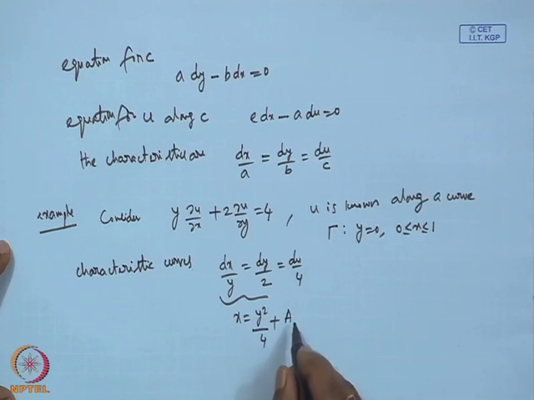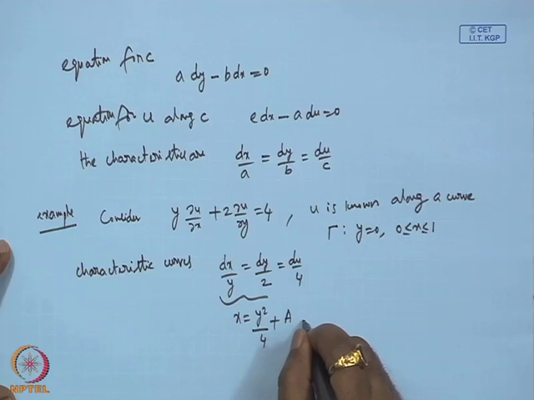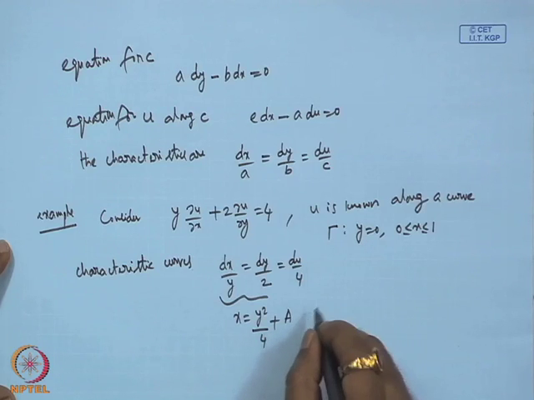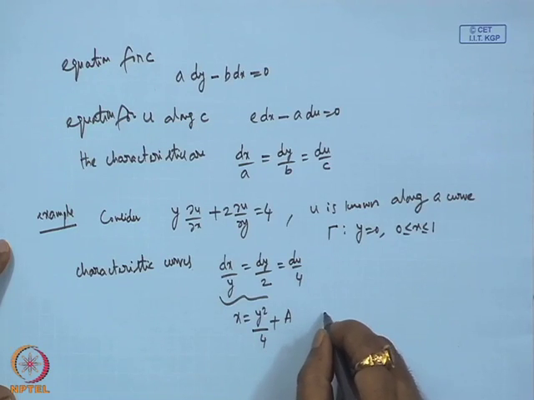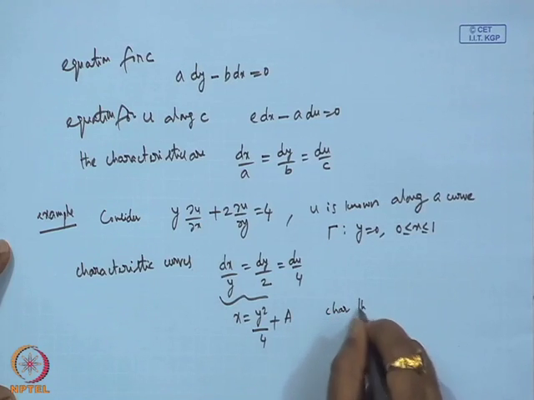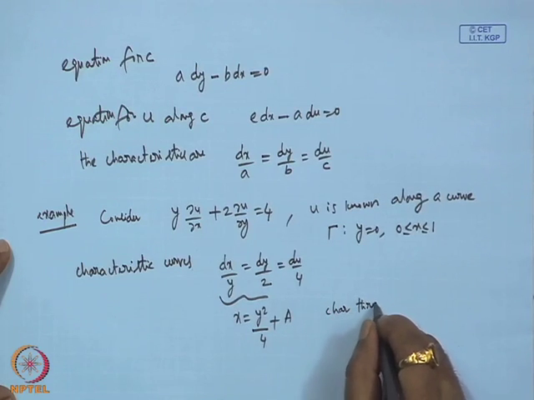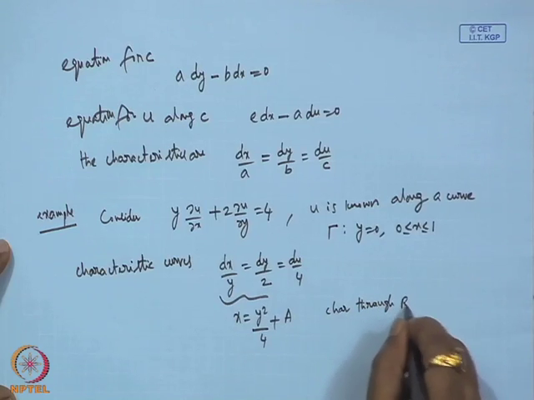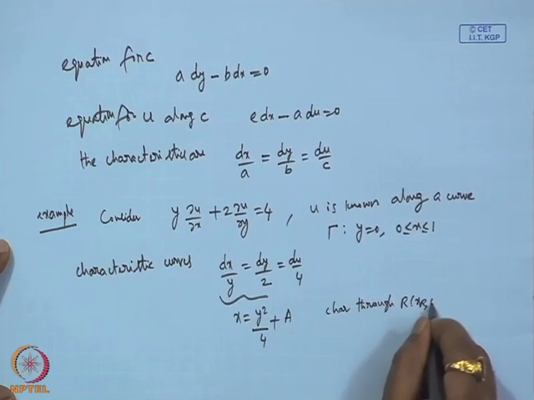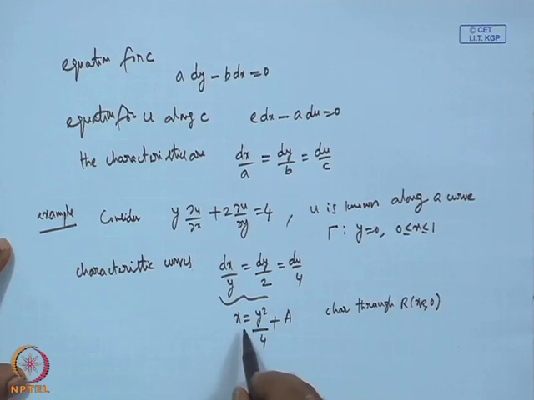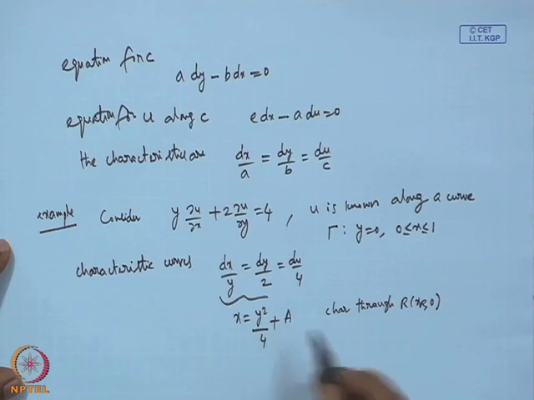Then if the characteristic passes through R, substituting x r and y is 0, we get a to be x r.